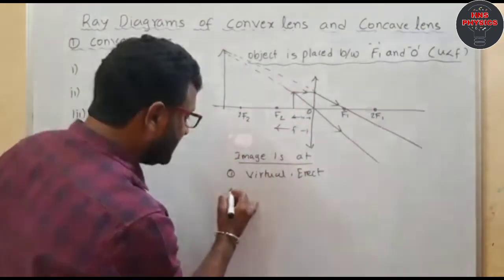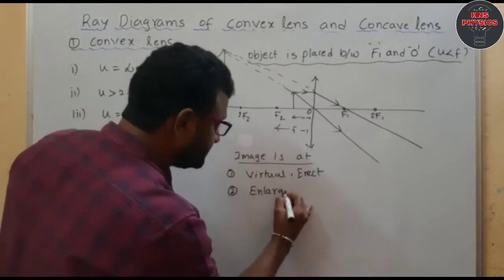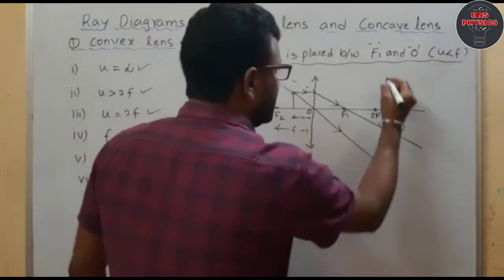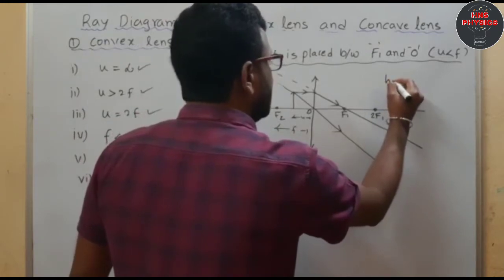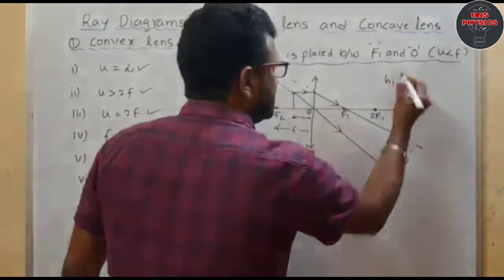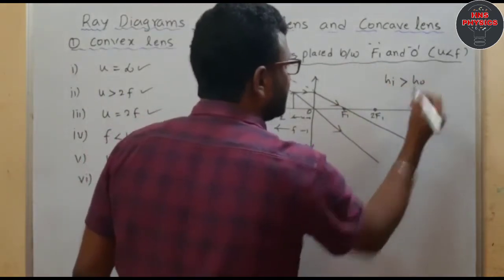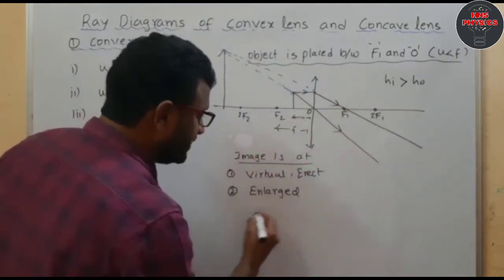Virtual, erect. Next, enlarged, that is, the size is enlarged. That means here the height or size of the object is less than the size of the image. So the height of the image is greater than the height of the object, enlarged or magnified.